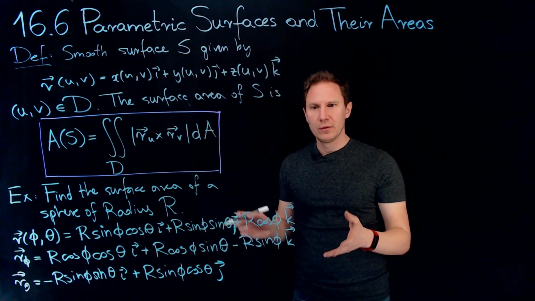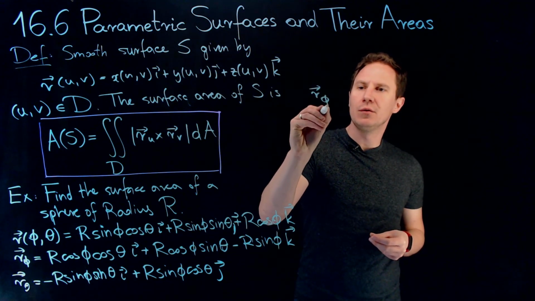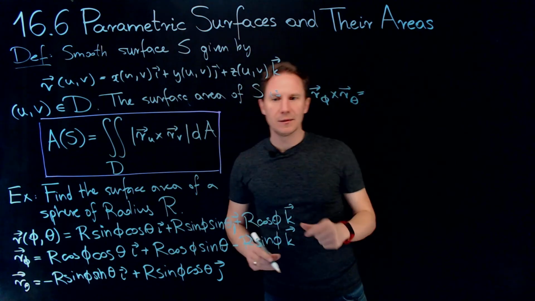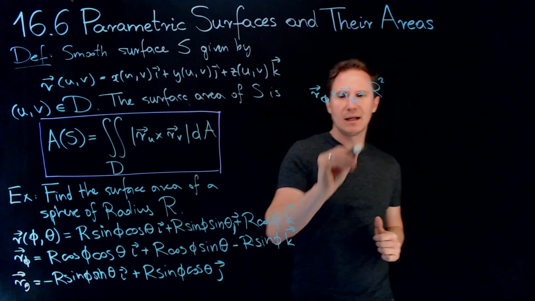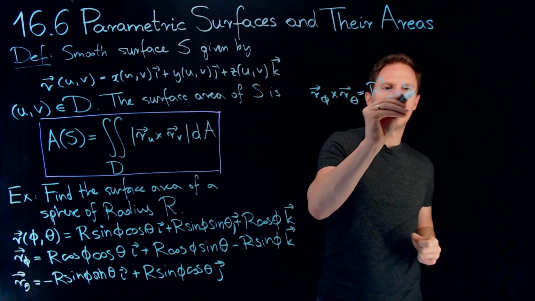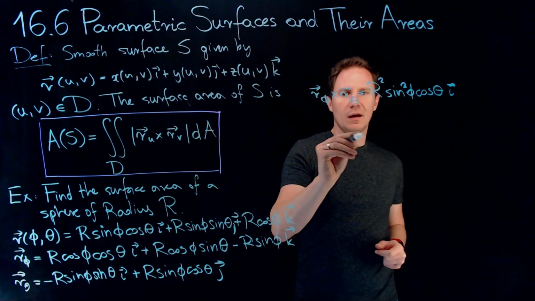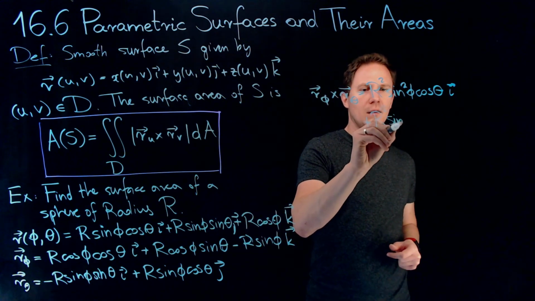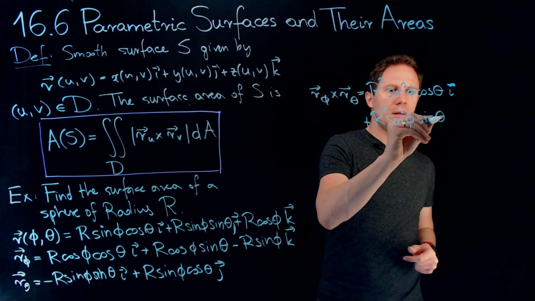So all we need to do now is take the cross product of these two vectors, which you know at this point how to compute. Let me just give you the answer. What we get is R squared times the sine squared of phi, cosine theta, in the i component. We get R squared times the sine squared of phi times the sine of theta in the j component.